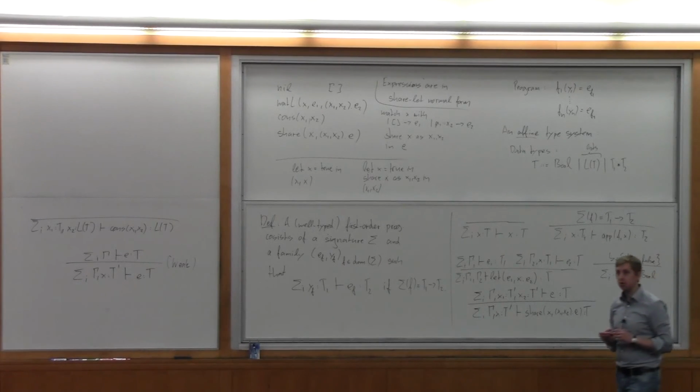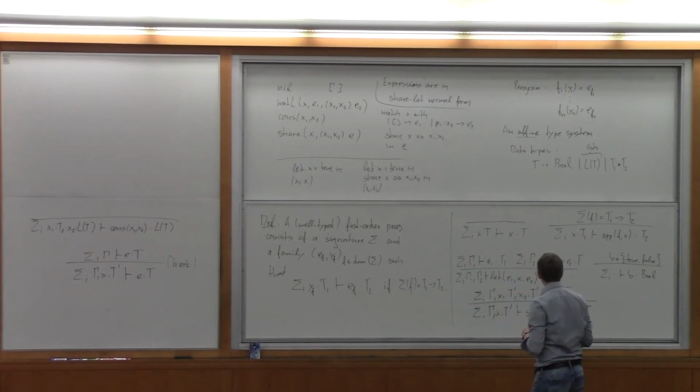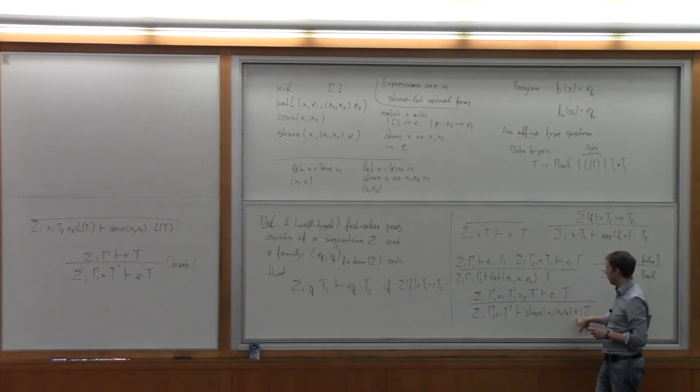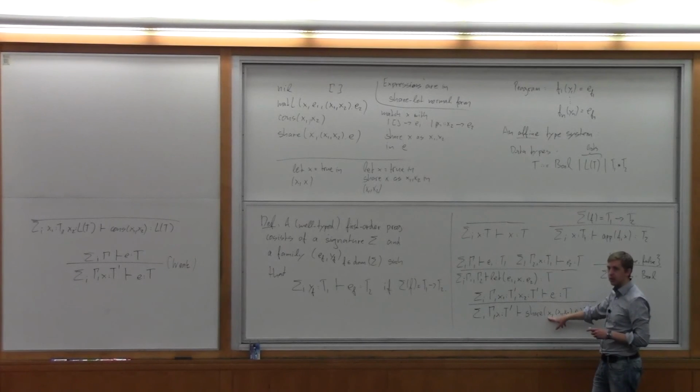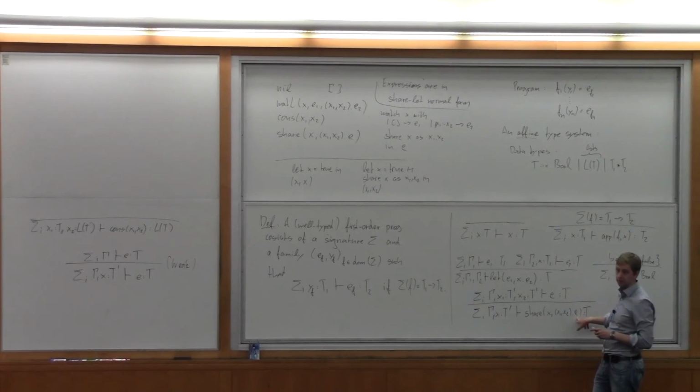About this share rule, so basically you take two variables, you do the third one, or you replace them? No, here x1 and x2 get bound in E. So the free variable that you have here is x, and then x becomes x1 and x2 inside E. So that's the way to read it.